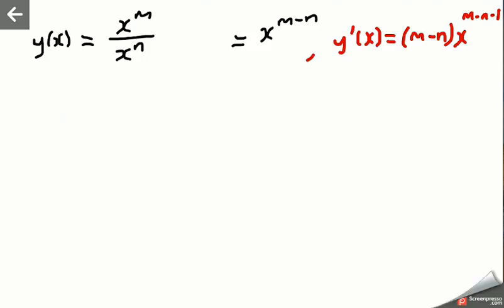Let's go ahead and show that it's also true from the quotient rule, because we've got one function divided by another function. So this is actually equal to f of x divided by g of x. And our quotient rule tells us that as long as we know the derivative of f and g, y prime of x is equal to f prime of x times g of x, minus f of x times g prime of x, all divided by g of x squared.